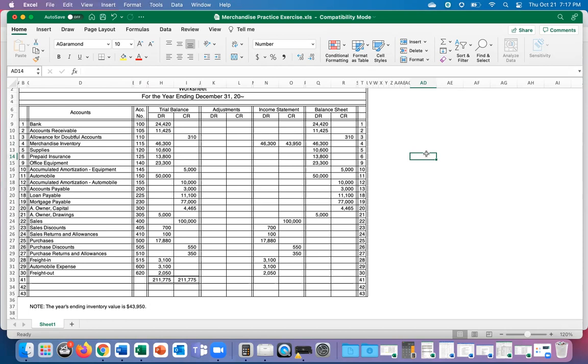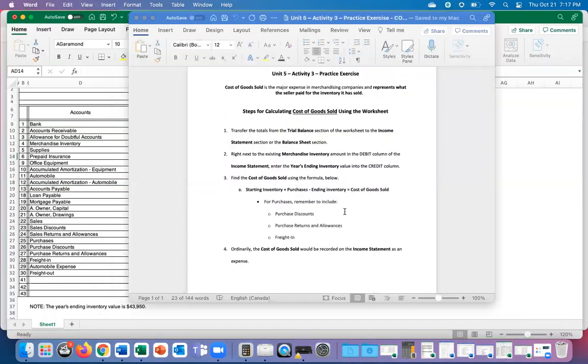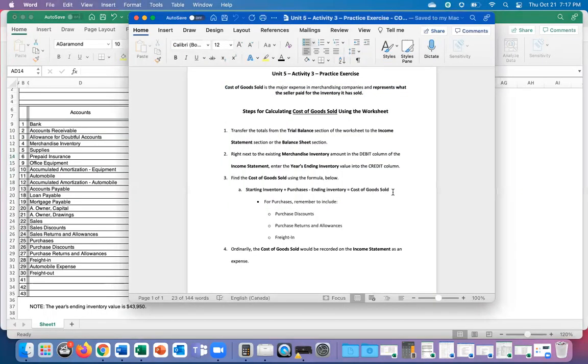What we need to account for first, and you can see the formula for cost of goods sold on the Word doc here. If you want to follow along using the Word doc, you can, or you can just watch the video and see how I do it. But it's all here, so you don't have to memorize it, at least for now. Ideally you would memorize it, but obviously not in real time as you're watching me.